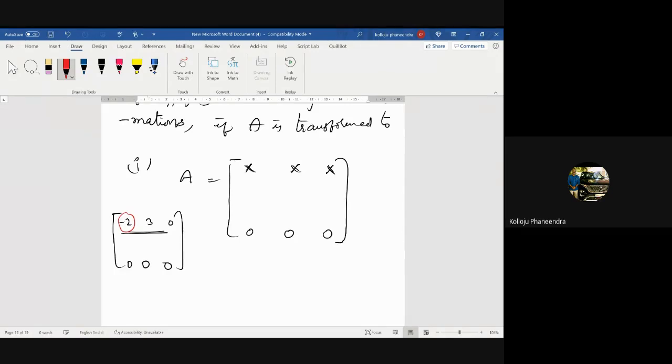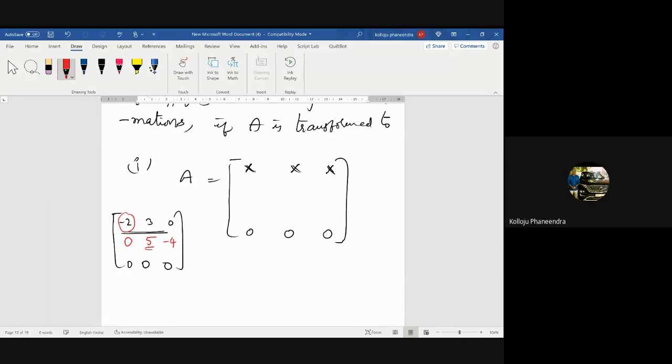In the next row, there must be at least 1 zero in this position, and right here some non-zero element, for example 5 and -4. In the second row, where is the first non-zero element? 5, in the second column.